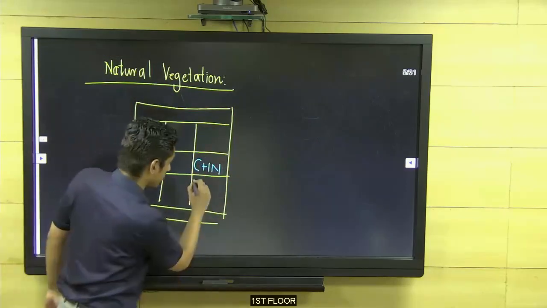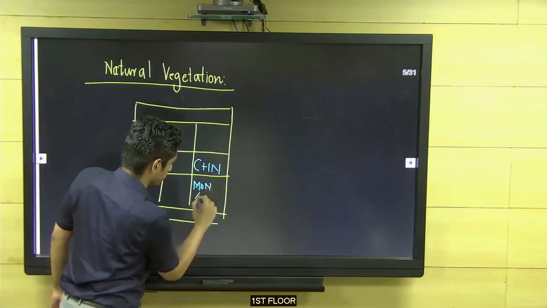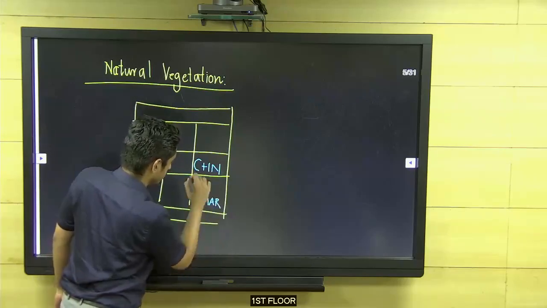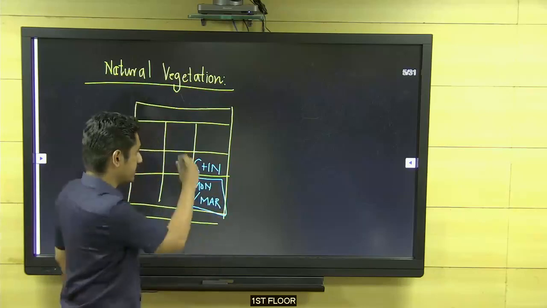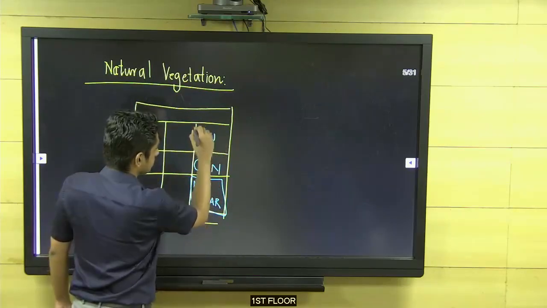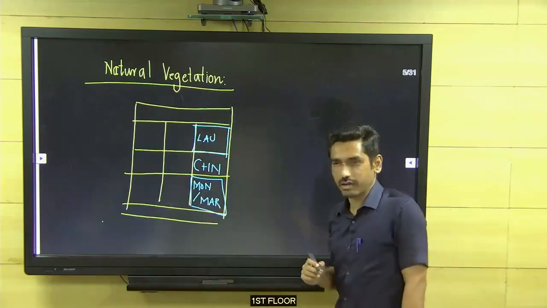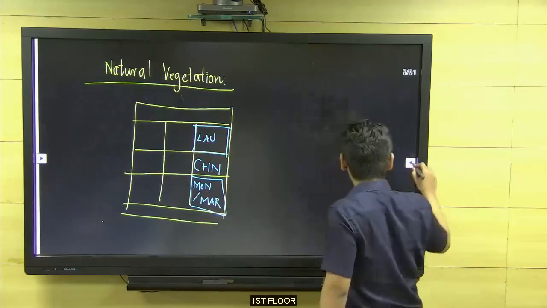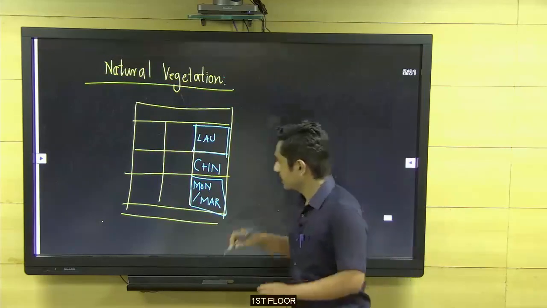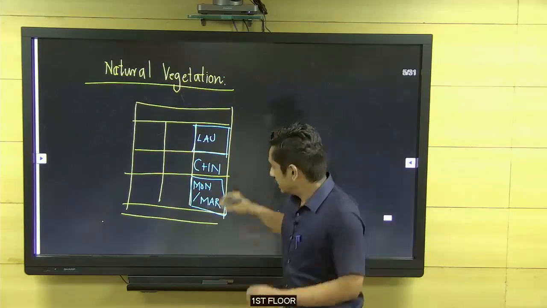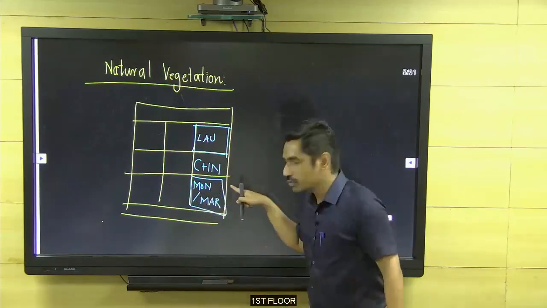South of China, we have tropical monsoon or tropical marine. This you know. North of this, we'll see Laurentian. See, China is somewhere in the middle. Now, what is the situation here is, if you look at Chinese type, there will be certain parts of your monsoon forest.